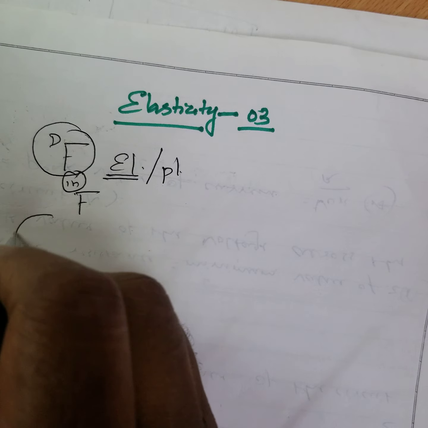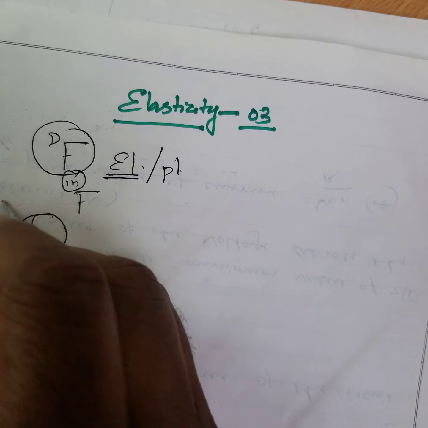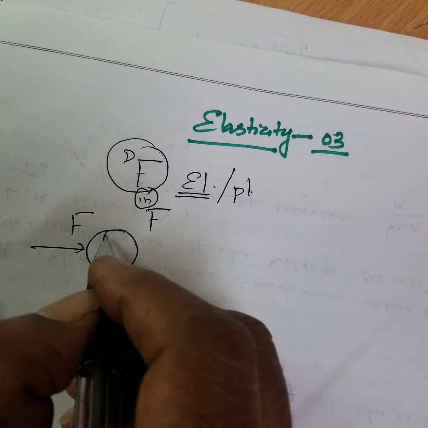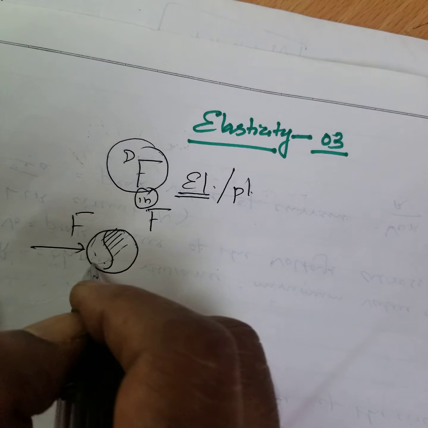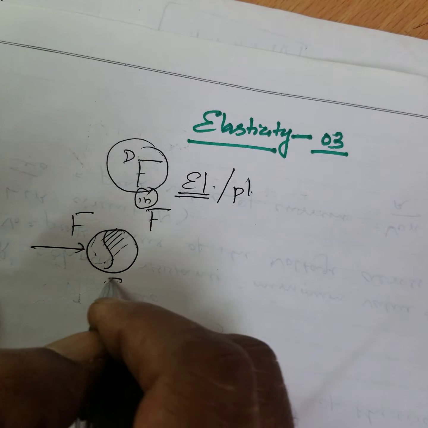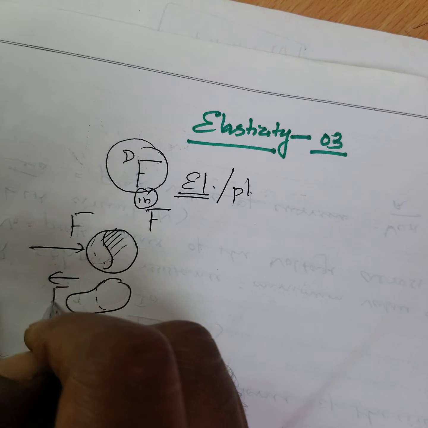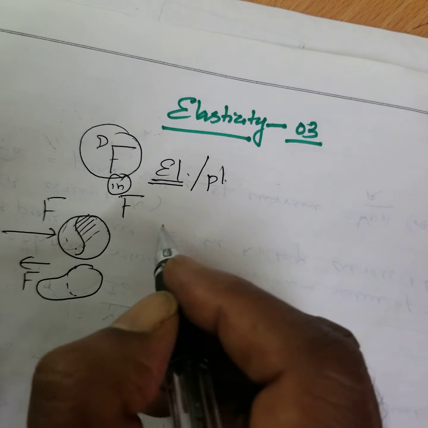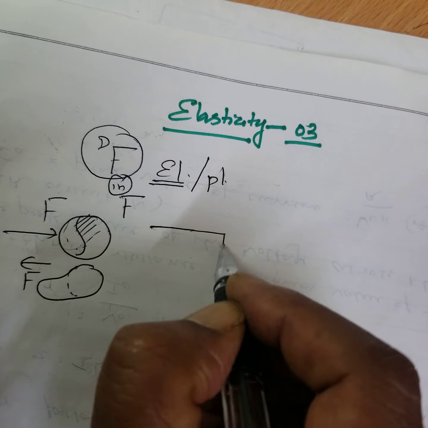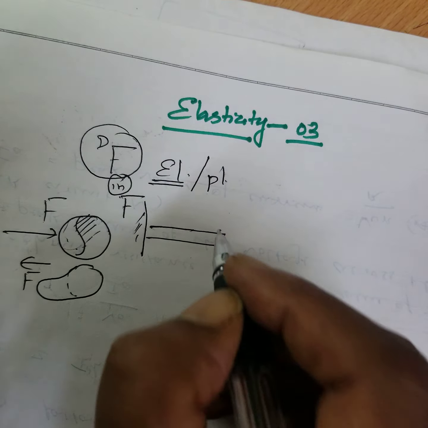A solid can be compressed. You apply a large force, it can be compressed. That means it gets deformed, or it can be extended by applying a large force. Now suppose there is a rod fixed at one end.